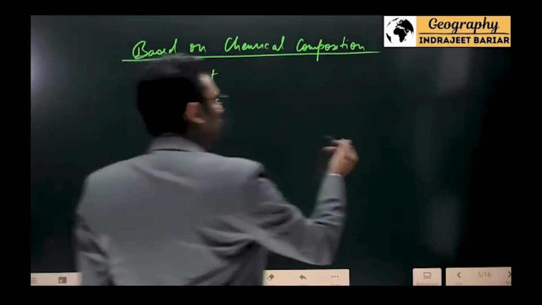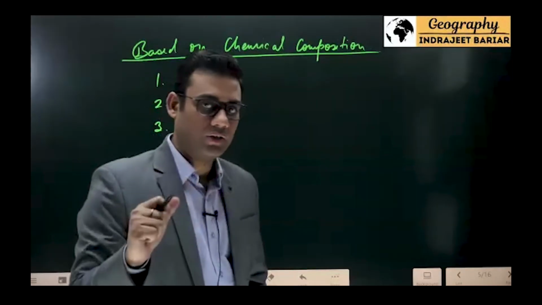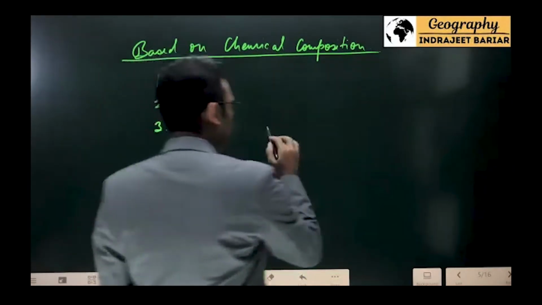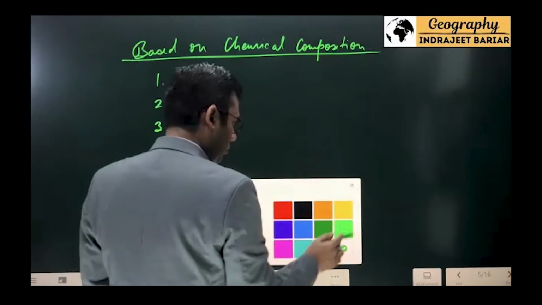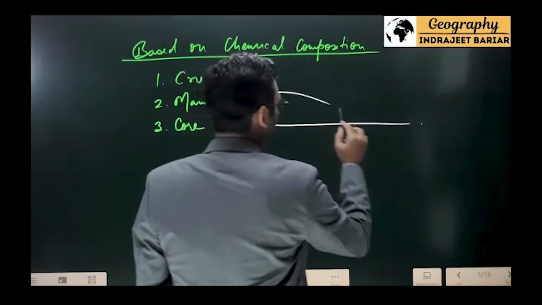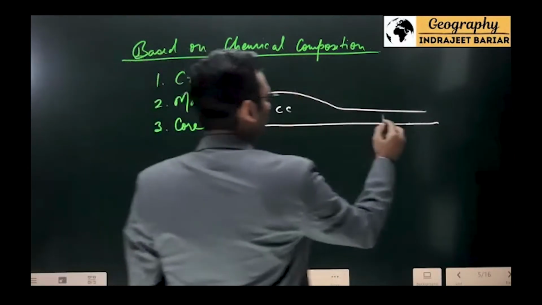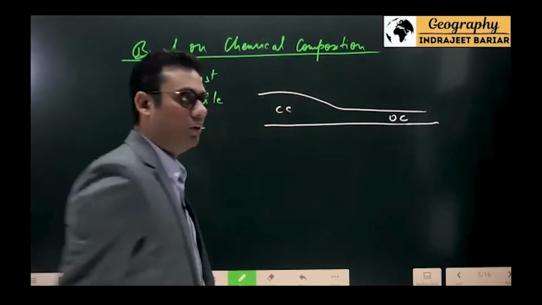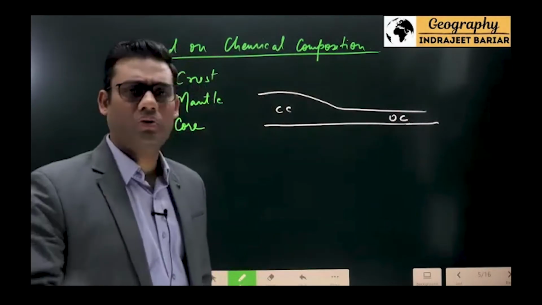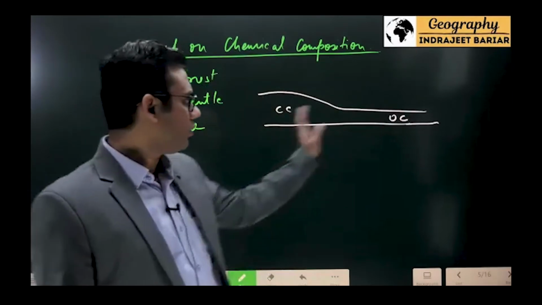The first difference between continental and oceanic crust is the thickness itself. If we talk about the difference in terms of thickness, it would look something like this. This represents continental crust, this represents oceanic crust. The differences are given in your notes, so just try to understand it.